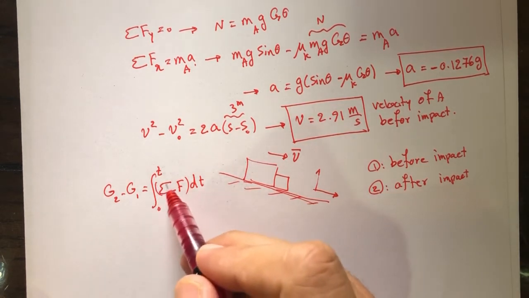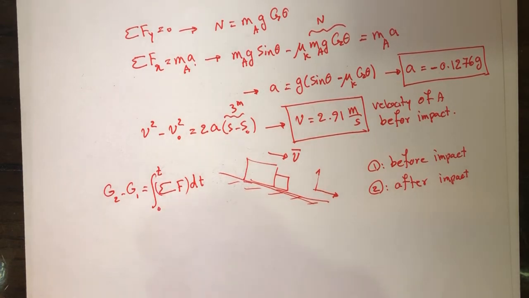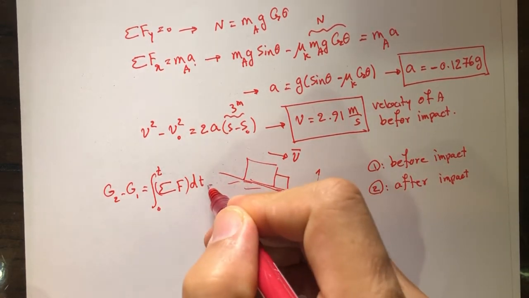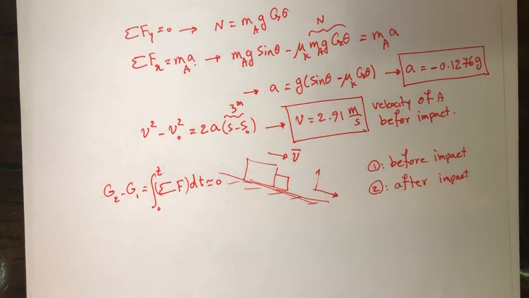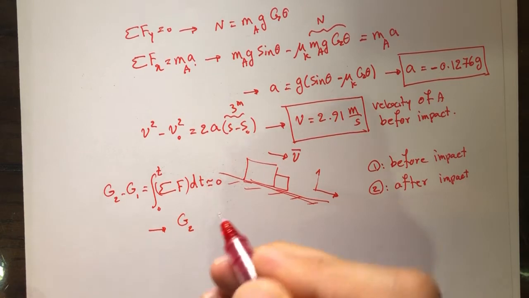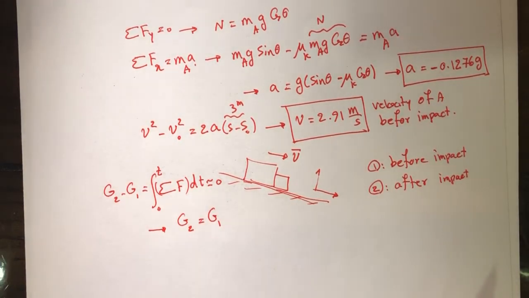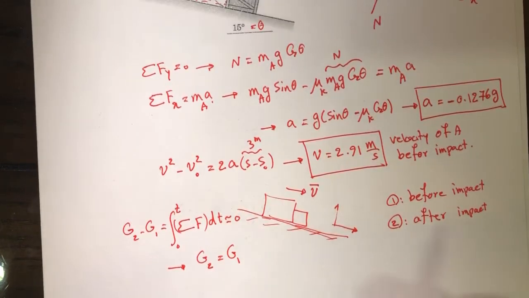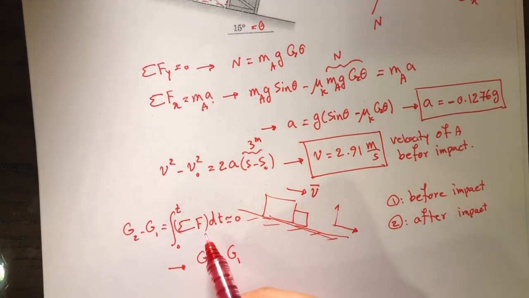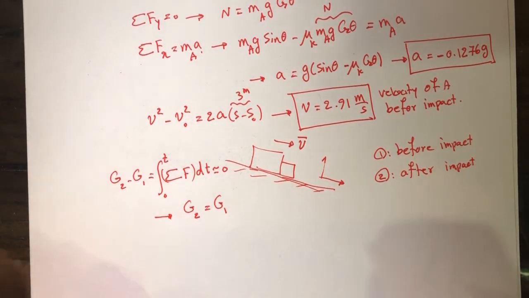So the integral of whatever we have here from 0 to t is a very, very small number close to 0, so it is almost 0. Because of that, G2 is almost equal to G1. So if we neglect this small number which comes from this integral, we can say G2 is equal to G1.